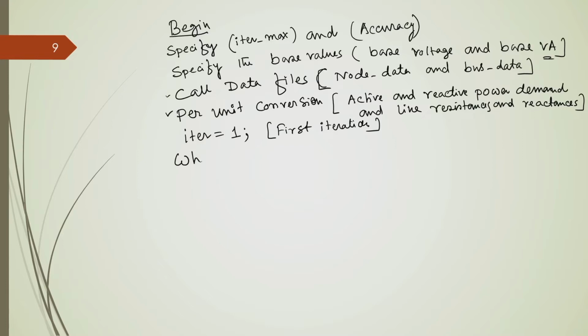So, what will we do? We will check two convergence or two termination criteria. One is the convergence criteria, another is the maximum iteration criteria.